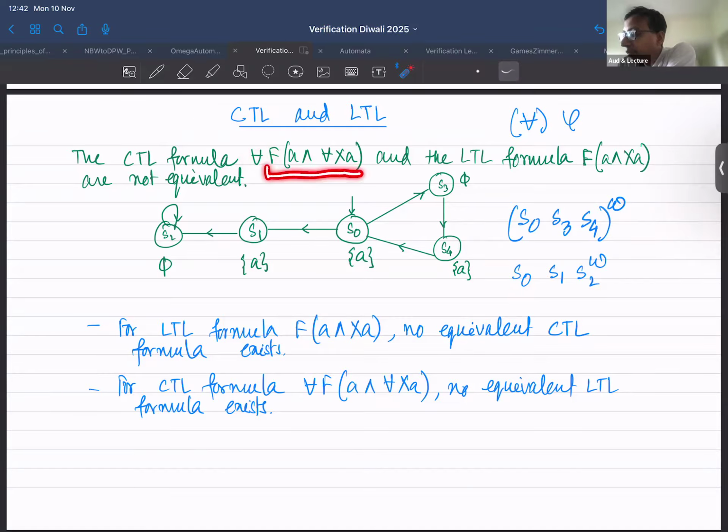If this path satisfies this path formula, does it satisfy this formula? S0, S1, S2 omega. What do you think? Next, one way goes towards S1, one way towards S3, so that won't be satisfied.